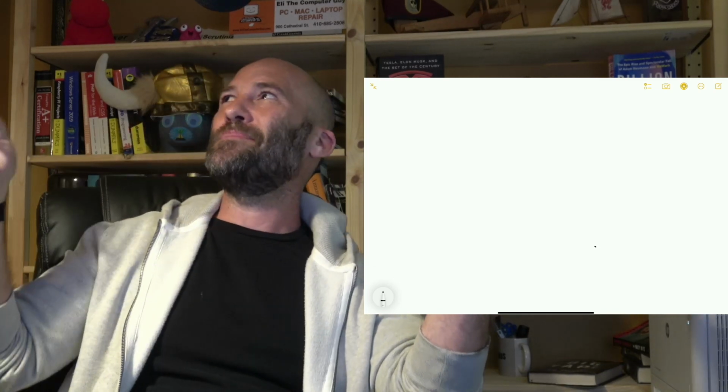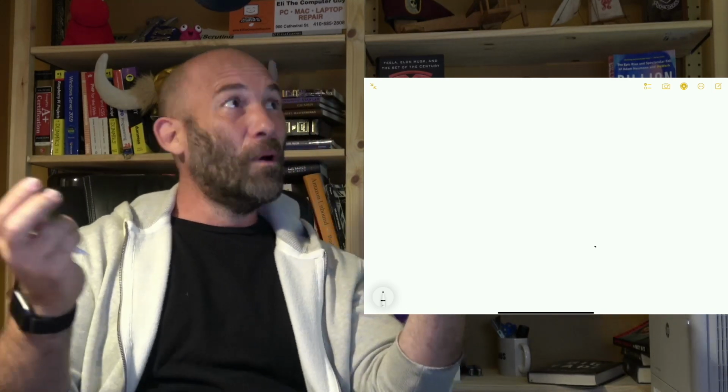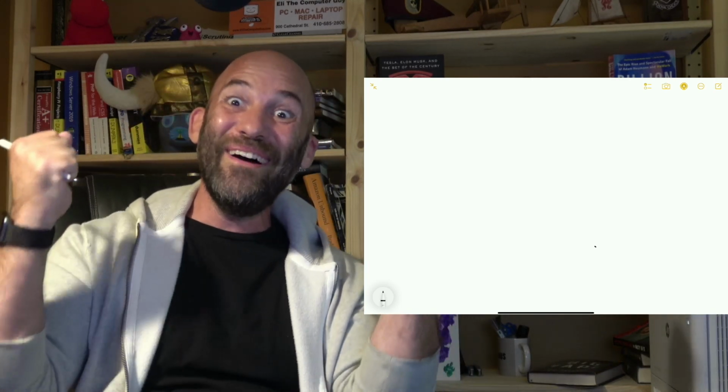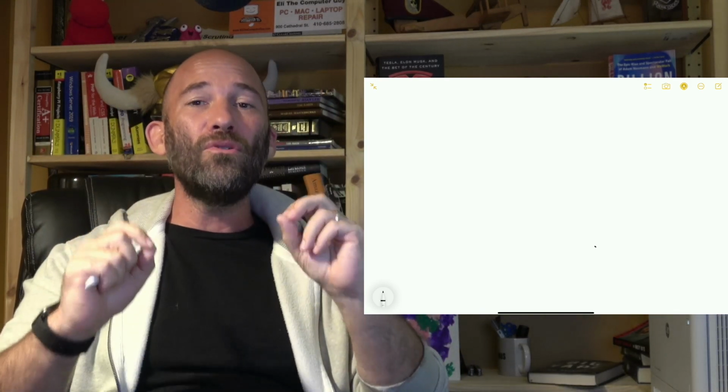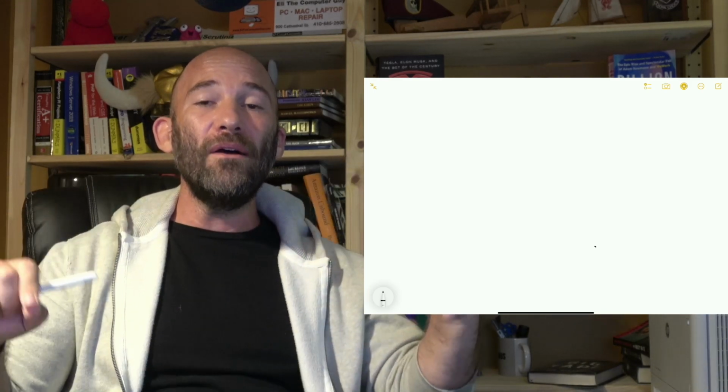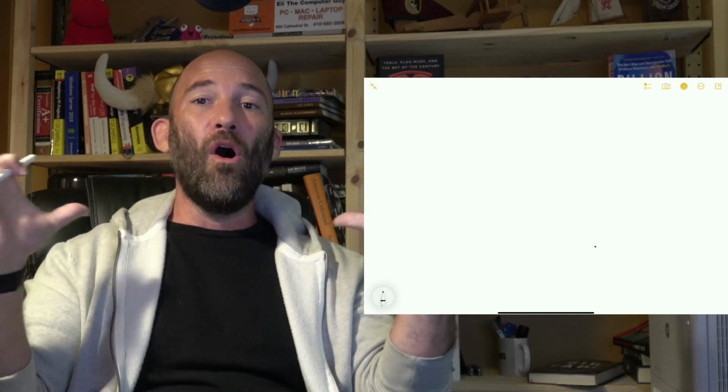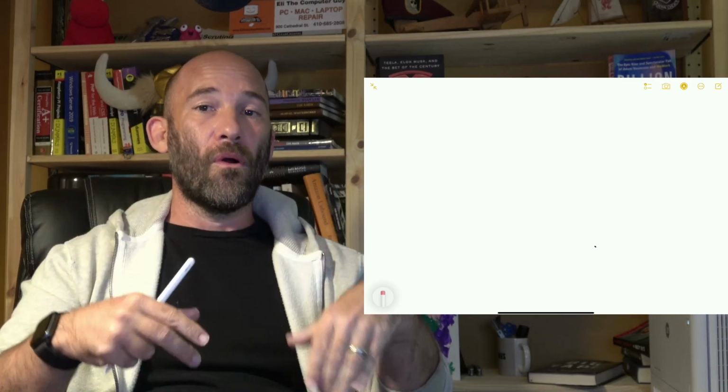Have you been saying TCP IP version 4 is a protocol? What do you mean it's not a protocol? Here's the thing. TCP IP version 4 is actually a protocol suite. It's a set of a number of different protocols that have all been packaged together to give us what we call the TCP IP version 4 protocol.